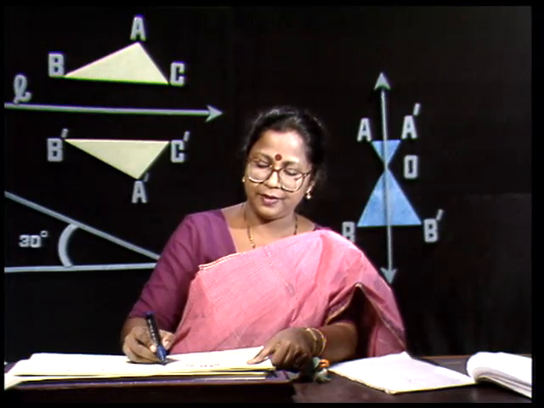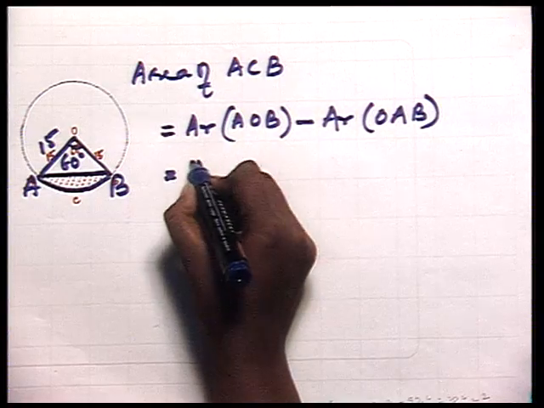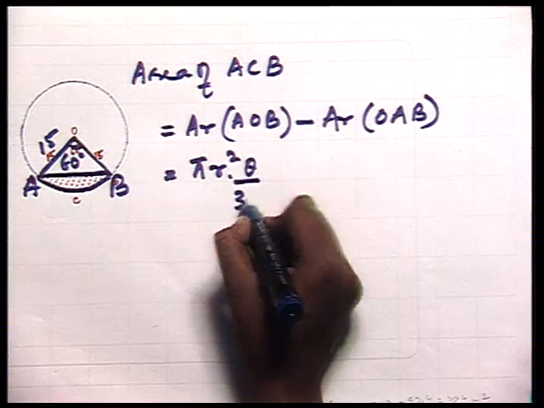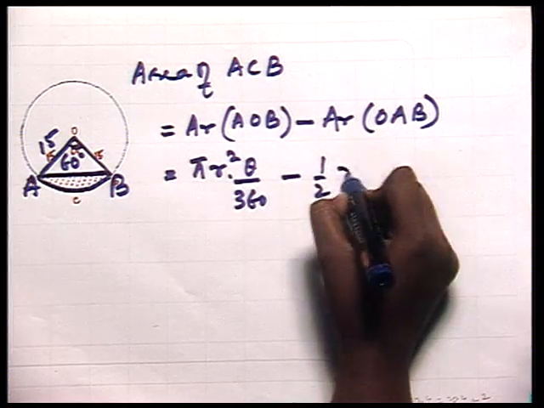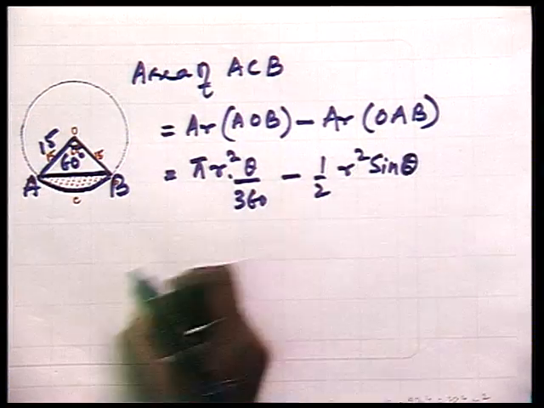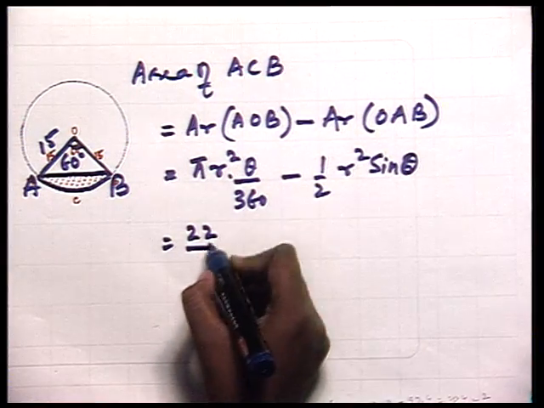Now, area of the sector AOB is equal to pi into r square upon 360 degree, I am writing down the formula first, minus area of the triangle, which is half r square sin theta. Pi, we have been asked to take pi as 22 upon 7.